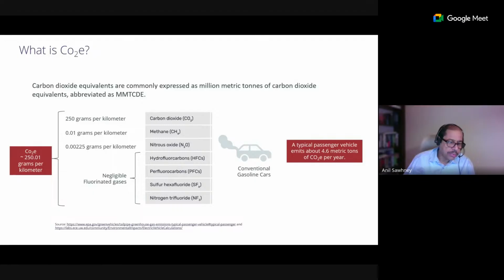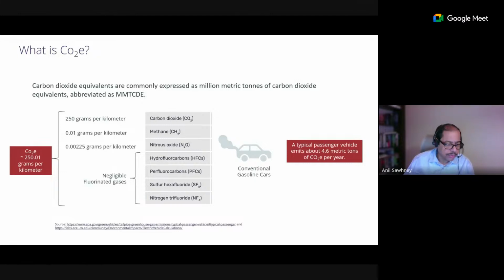So my carbon dioxide equivalent per kilometer of a gas car, or a petrol car running is 250.01 grams per kilometer. Okay, so this will give you a typical passenger vehicle emits 4.6 metric tons of carbon dioxide equivalent per year.